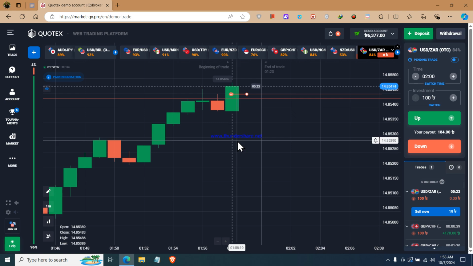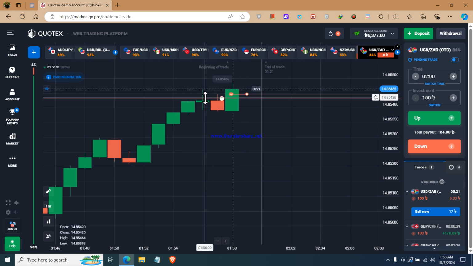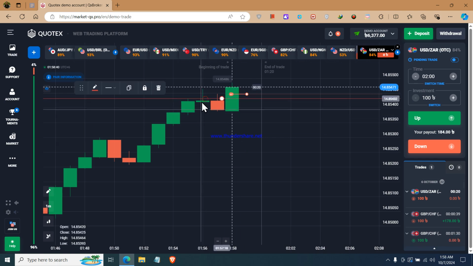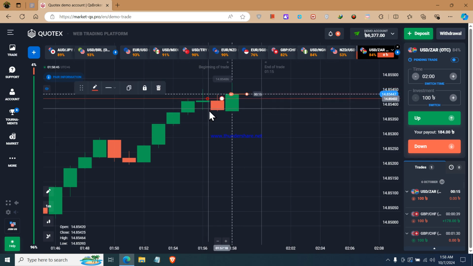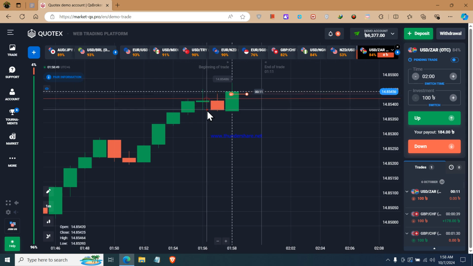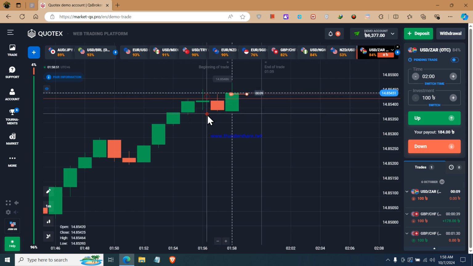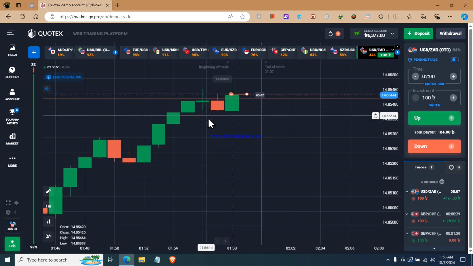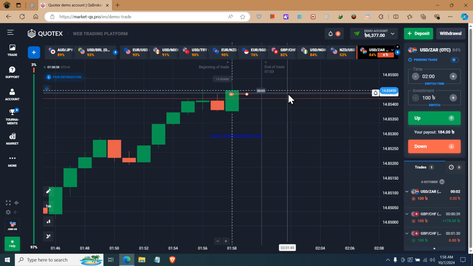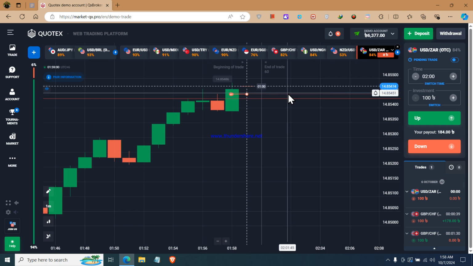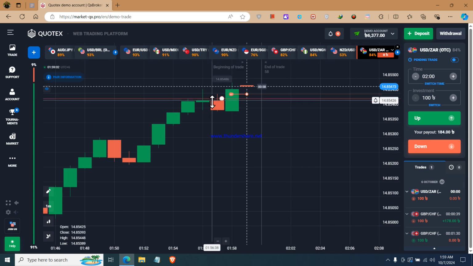But the sellers should fight on this point. Okay, the sellers should take the candle below this point, because this is the main point where the sellers are positioned right now. But they were not able to take the candle below this point, right?